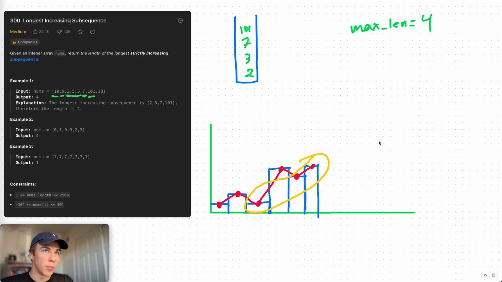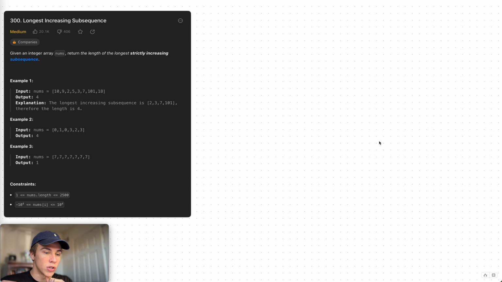The approach here needs to look at the best possible solution over all of the previous numbers that we've gone over. And that kind of leads to the idea that this should be a dynamic programming solution.